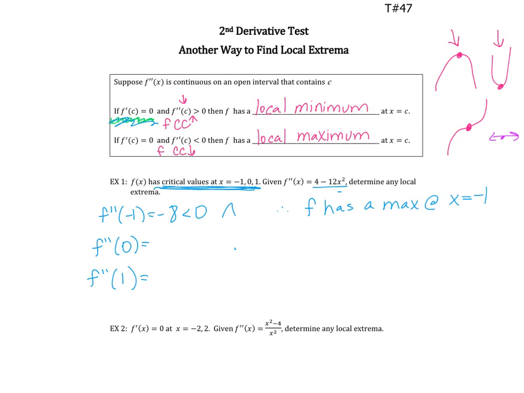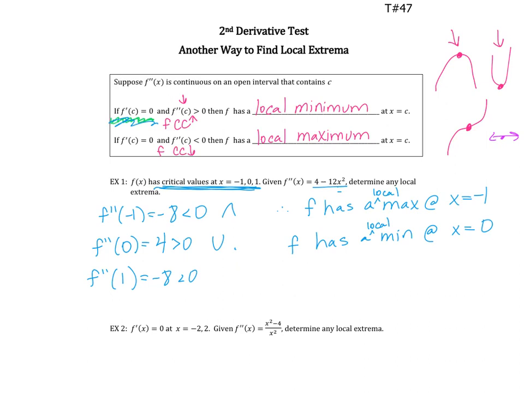When I plug in 0 into the second derivative, I get 4, which of course is greater than 0. So f is going to be concave up. So f has a min at x equals 0. I will say they like for you to put either the word local or relative, so I'm going to add that in there. And finally 1 is going to give me the same thing as -1 did.